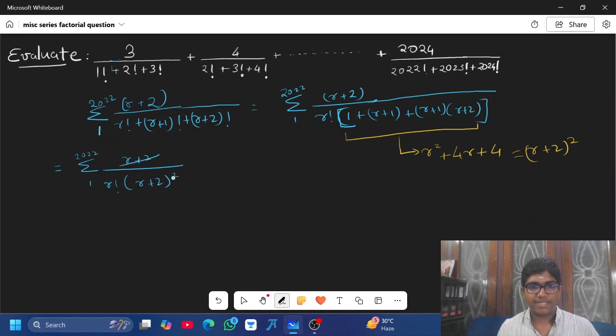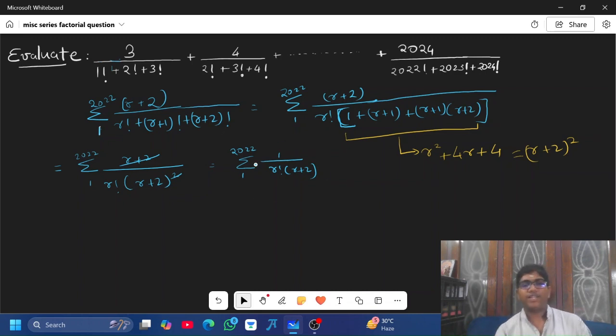So this can be cancelled easily. Now we get sigma 1 to 2022 of 1 upon r factorial times (r plus 2). So we have simplified this huge expression to something small.